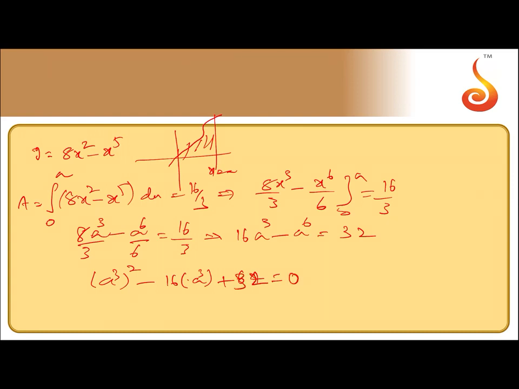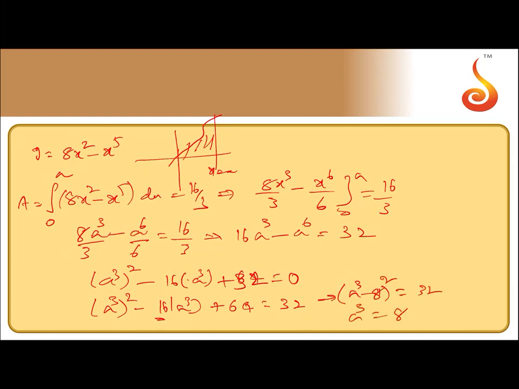Yes, of course, I hope we can make it a perfect square. A cube whole square minus 16 a cube plus 64 equals 32. So simplifying, a cube minus 8 taken whole square equals 32.